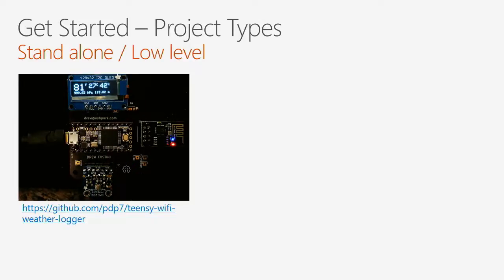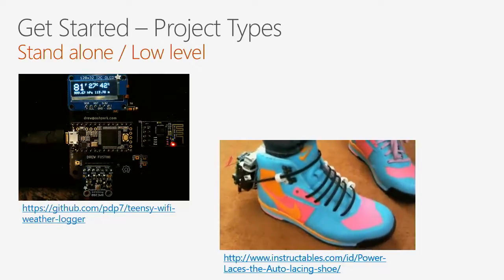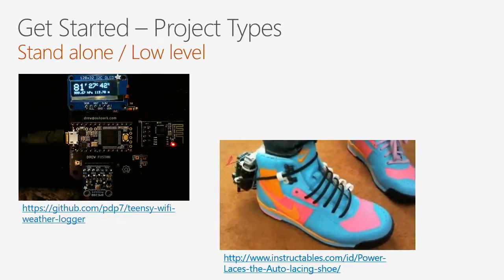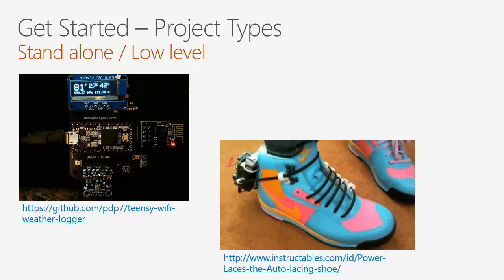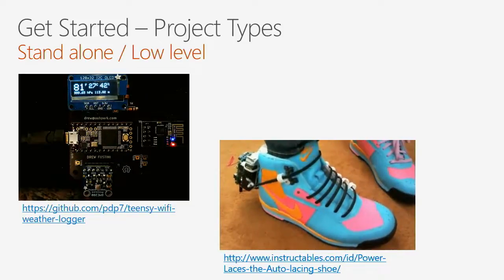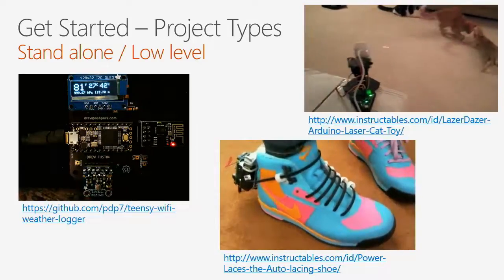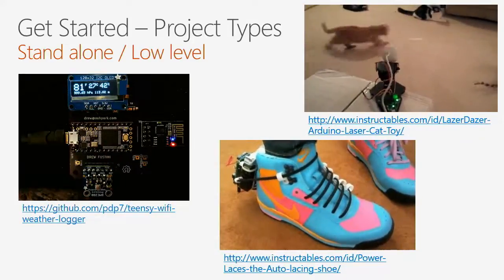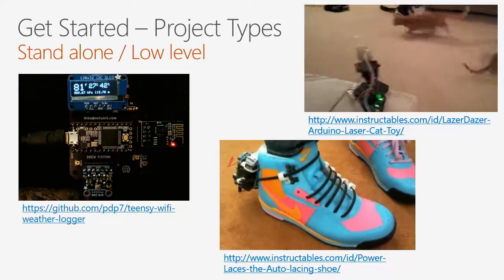Okay, that's quite simple. And then you get these really cool looking Back to the Future self-tying shoes, which, if you think about it, is only a battery, a board, a motor, and a button. So that's quite simple, quite standalone by itself. And then you get a really cool laser turret thing that can entertain the cat for hours.